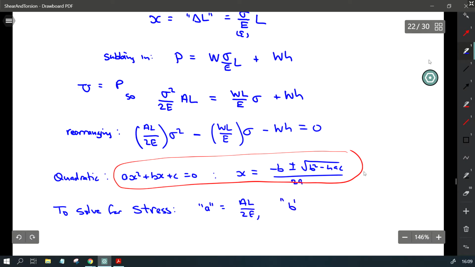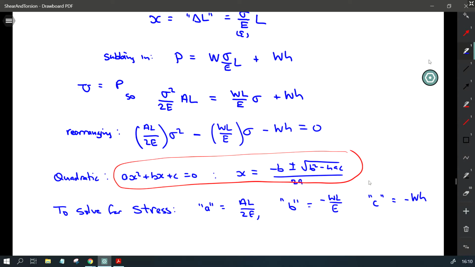The coefficient of sigma is minus WL over E. And the c part would be minus WH. Okay. So you can solve that equation for stress, and you'll get two answers.